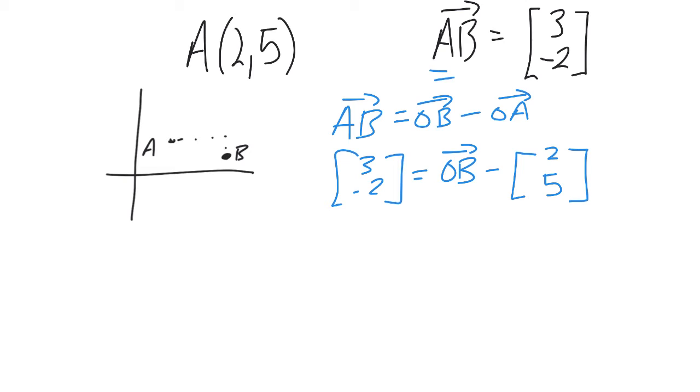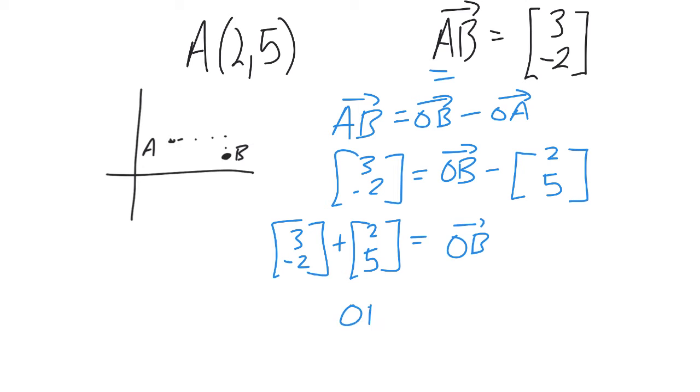So to get OB by itself, I'm going to add that second vector to both sides to get (3, -2) plus (2, 5). So I get OB is (5, 3).